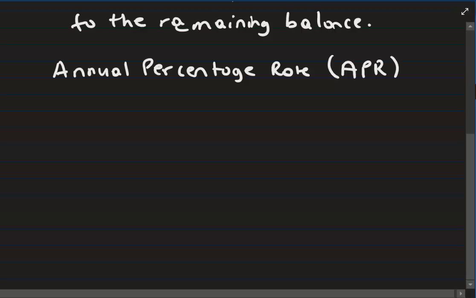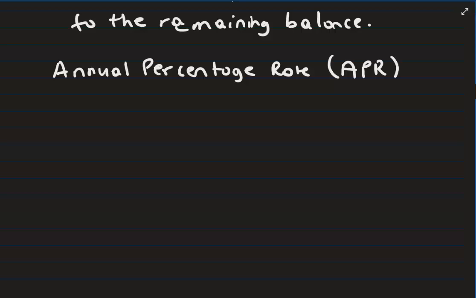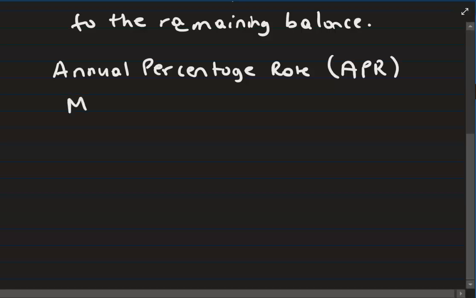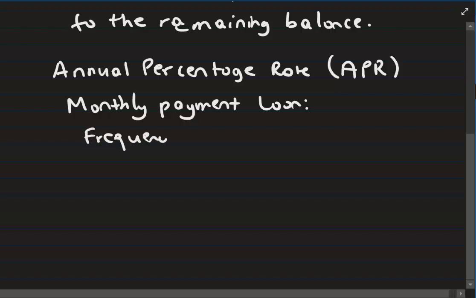This basically is the periodic interest rate multiplied by the number of periods in a year. For example, let's say we're talking about a monthly payment loan. What's the frequency, or how many periods of this sort are in a year?